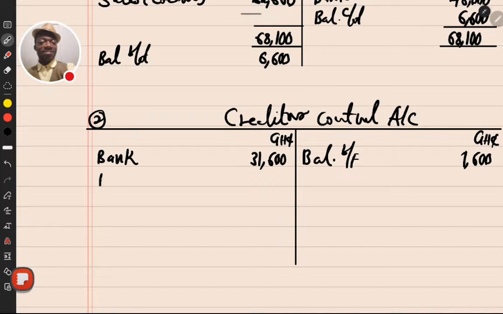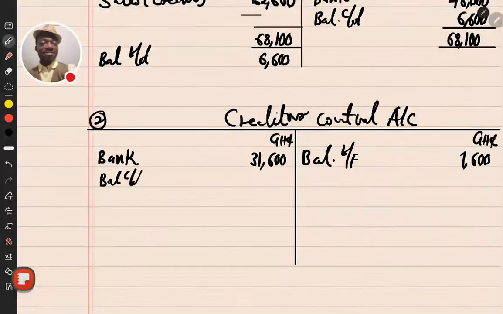So we'll have it here, balance carry down as 2,600. Once you are through with that, we'll find the totals.